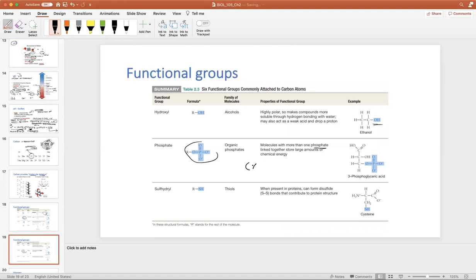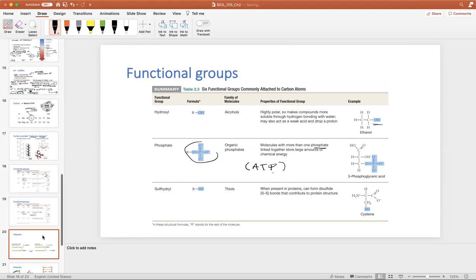Think about ATP, adenosine triphosphate, is 3 phosphate groups stuck onto a carbon, okay? So just know that carbon is really versatile. We can stick different things on there to change the functioning of molecules, and that's why life is carbon-based.